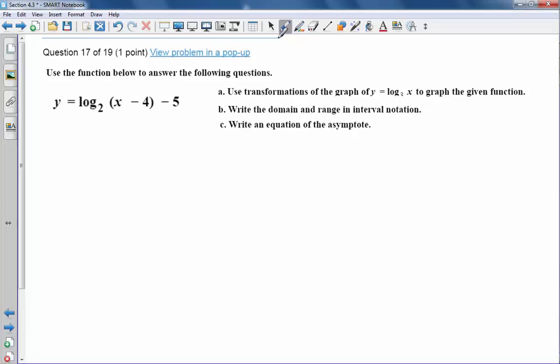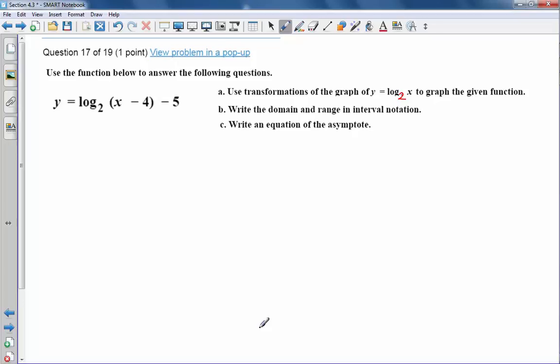It says, if you want to figure out this graph quickly, you need to use the graph of logarithm base 2 of x. Start with making the graph of logarithm base 2 of x because this is not going to be too different. The -4 and -5 are going to make some kind of transformations. And you will tell me what type once we figure out the graph of this thing, okay? And then the rest is just smooth sailing.